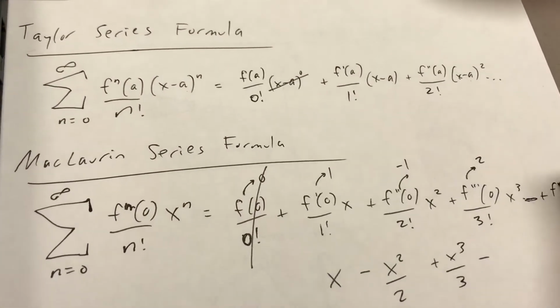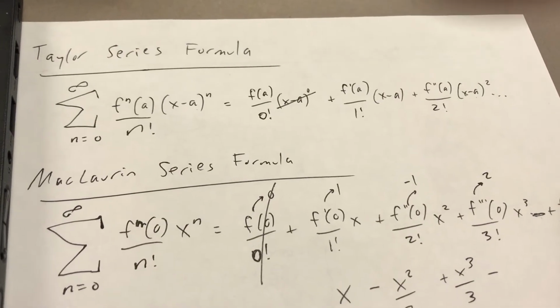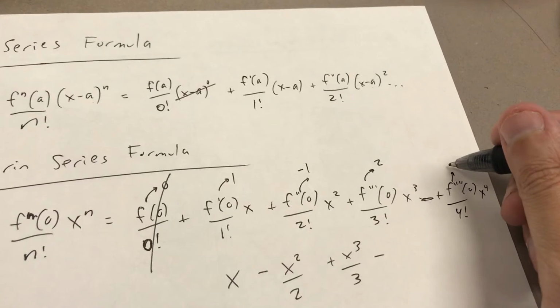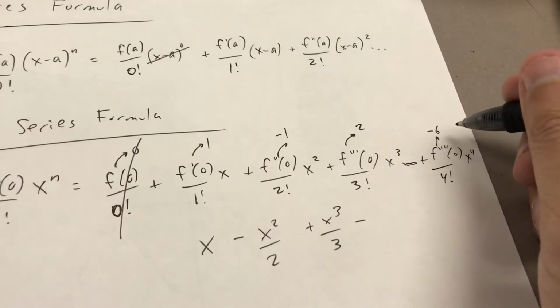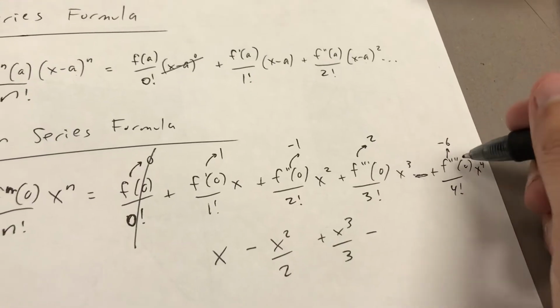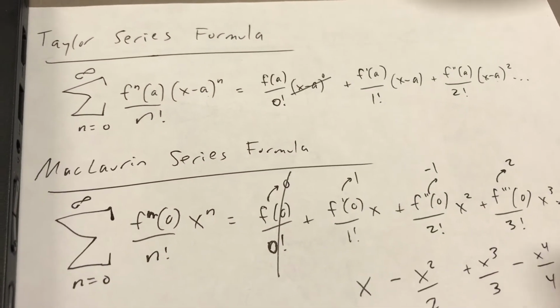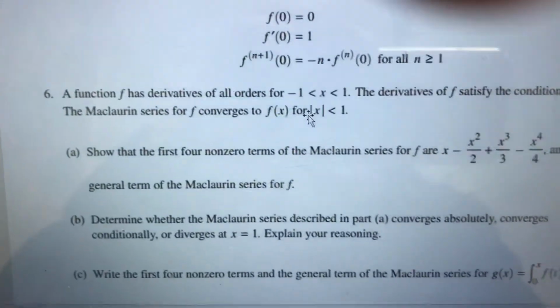We'd go to the fourth derivative at 0 over 4 factorial times x to the fourth. And that value there, I think, was supposed to be negative 6, right? Negative 6 divided by 4 factorial, that's going to be negative 1/4, so it's x to the fourth over 4. And we have the first 4 terms of the series we were supposed to show.